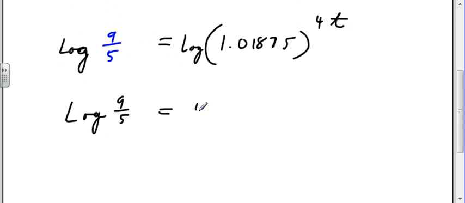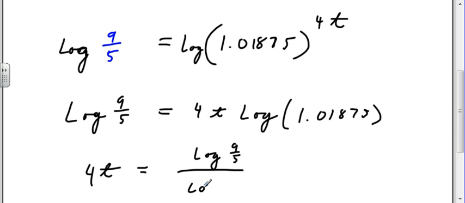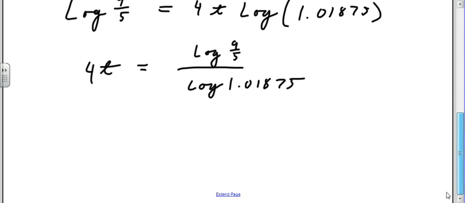Is equal to 4t times log 1.01875. So 4t would be log 9 over 5 divided by log 1.01875, and then whatever that answer would be, 4 times that. Okay, got it.